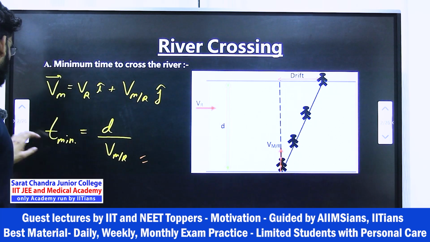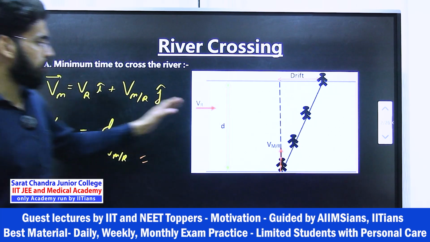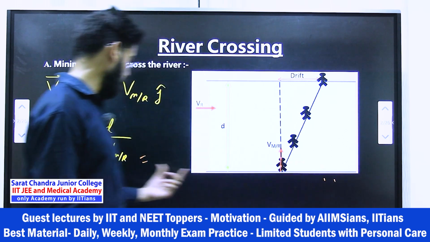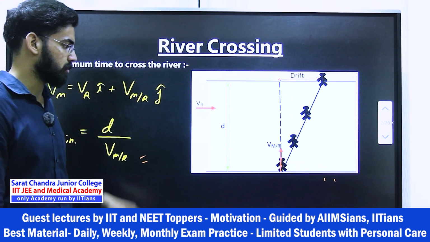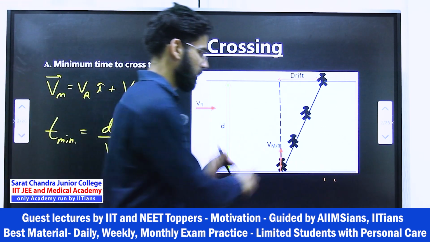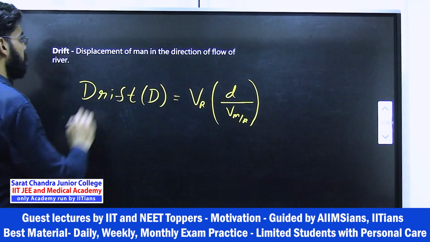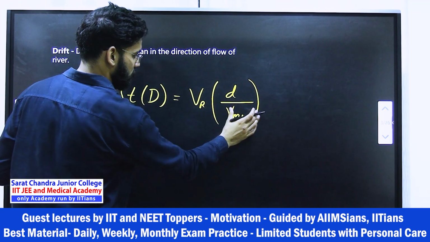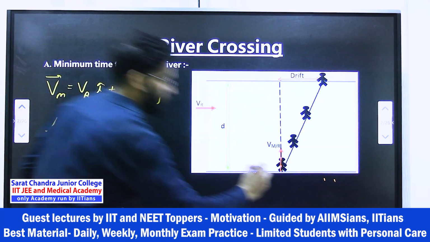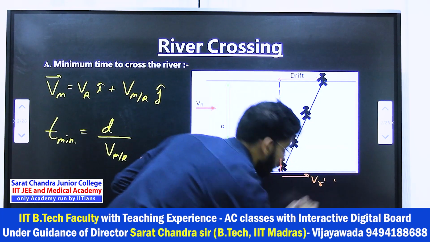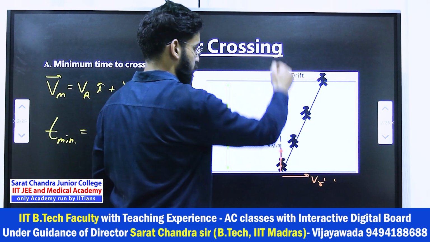Now because he has a component VR this side, the time taken is okay, the time he took, but because he has this component, in the same time he drifts. What we say, VR into time taken, that is the horizontal component VR, in how much time it crossed the river.